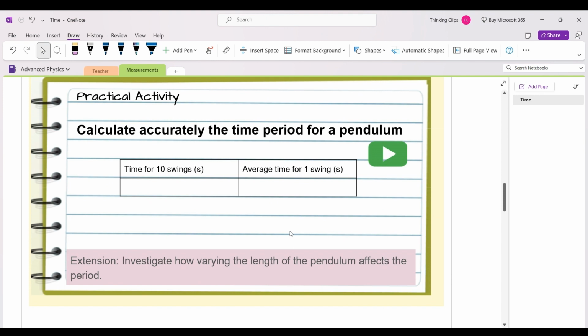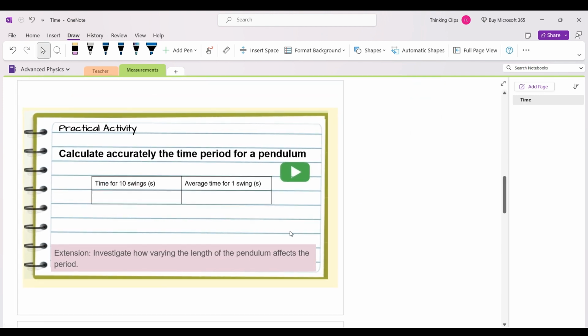Okay, so what about pendulums? How would you measure more accurately the time period for a pendulum? So let's just think about what we mean by the time period, first of all. As Galileo was looking at the chandeliers attached to the ceiling of a cathedral, what he was trying to identify was how long does it take the chandelier, which is a very rough pendulum, to move from its furthest extension here all the way to the other side at its furthest extension and then back again.